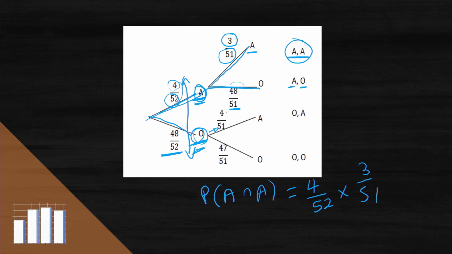So therefore, there are still 4 aces left in this deck of cards, right? So therefore, 4 over 51 will be the probability of getting an ace on the second draw if on the first draw he took out any other card besides an ace.